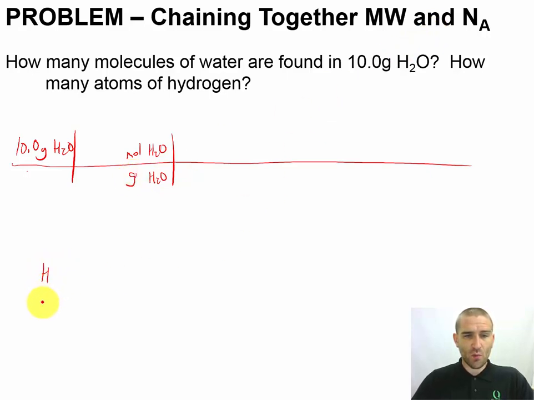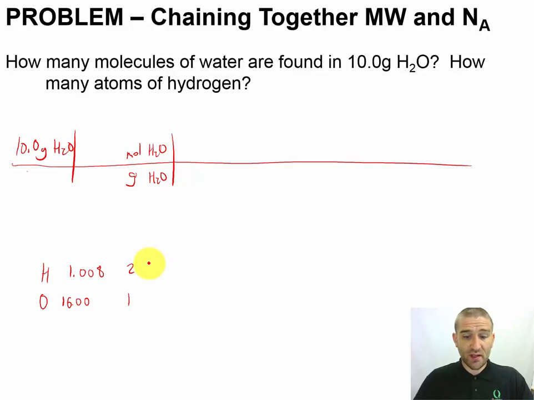We have H and O. Hydrogen is 1.008. Oxygen is 15.994, but yeah, 16.00 is the sig figs our textbook gives us. We're going to have 2 hydrogens and 1 oxygen.